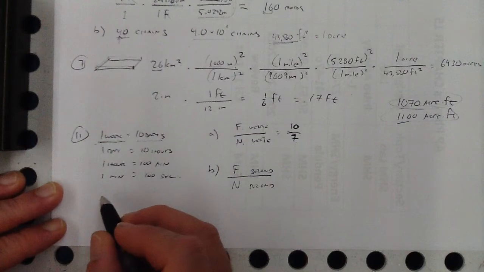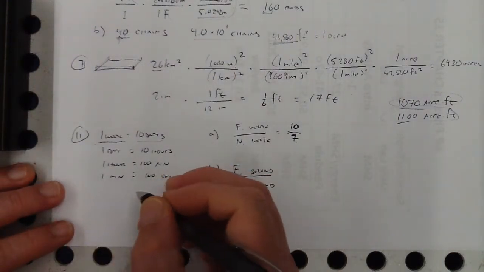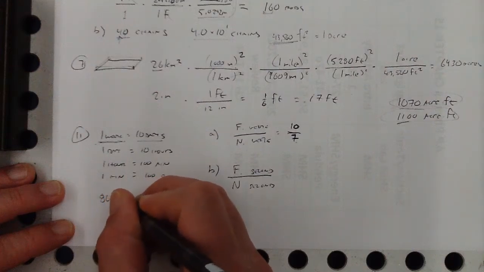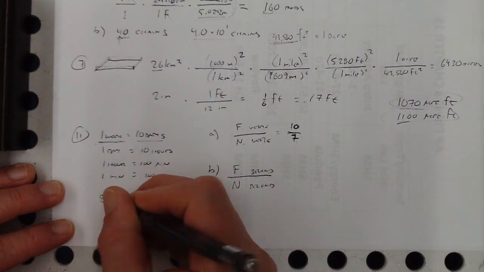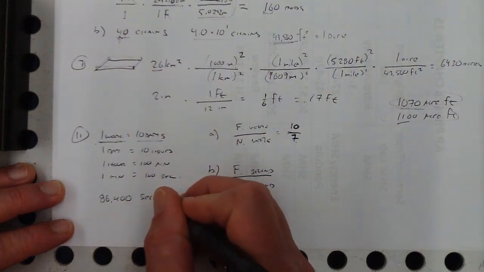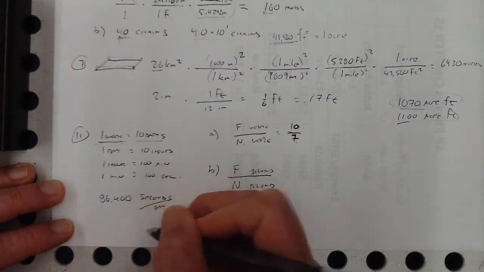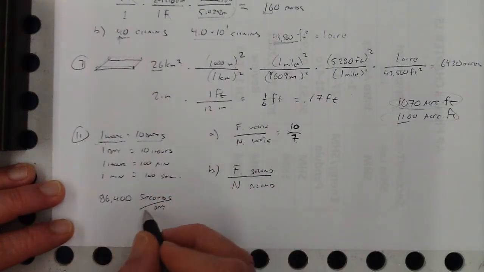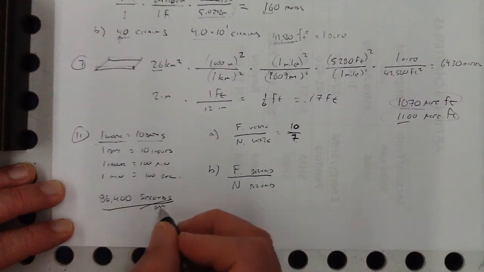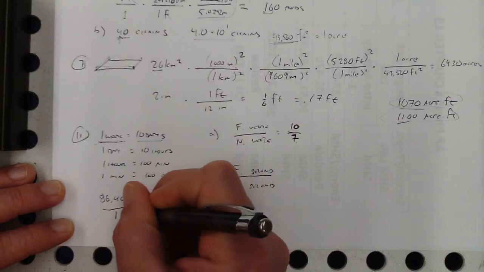There are 60 seconds in a minute, 60 minutes in an hour, and 24 hours in a day. And I happen to know, because I teach physics and it comes up, that there are 86,400 seconds. I should write this more neatly as a proper conversion factor in one, I'm going to say ND, normal day.